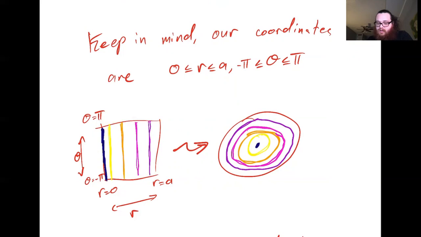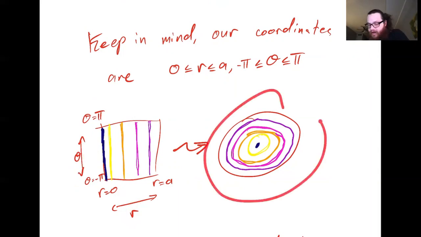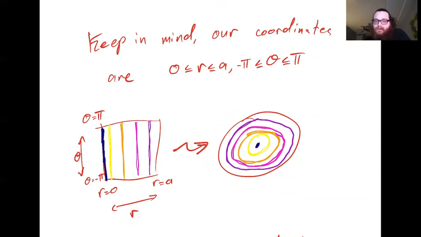This is our parameter space. But when we map from these parameters, r and theta, into Euclidean coordinates and plot the region that we care about, we end up with a circular disk.